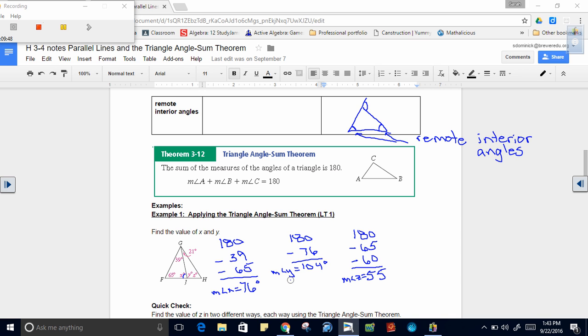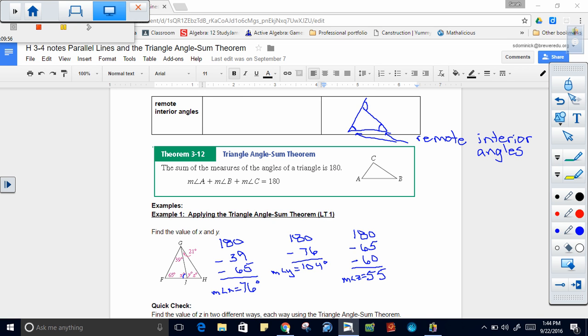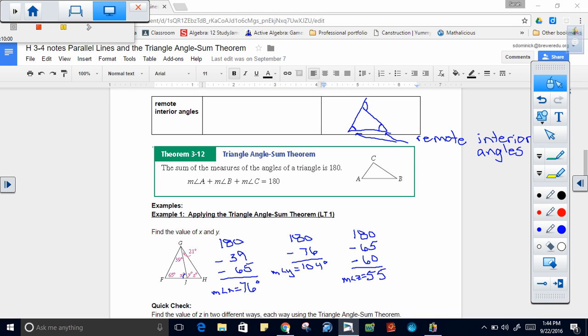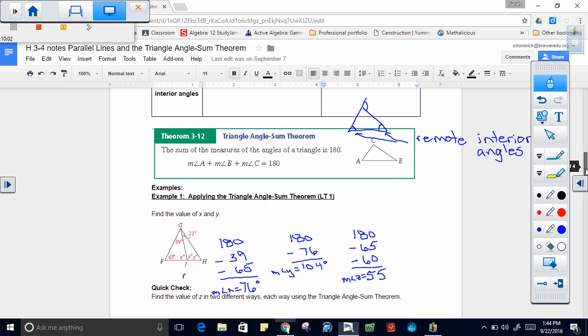Okay, so there are my 3, and they just wanted X and Y, sorry, I guess we're overachievers. If we look below though, they're going to ask for the measure of angle Z, and they want it found in 2 different ways. So we just used one way, right? We talked about this large triangle. Another way we could do it would be the small triangle. So my second way is going to be to look at that small triangle on the far right.